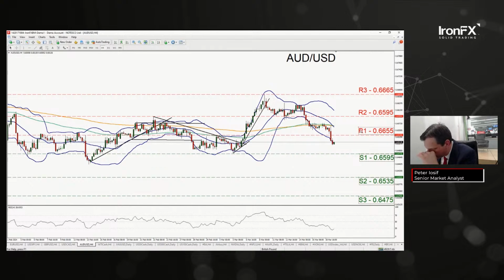The R1 at 0.6535. The S1 at 0.6475. The S2 at 0.64. And the S3 at 0.6340.